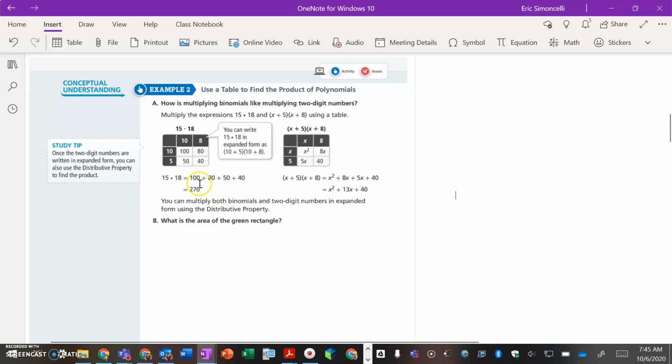I urge you to try that, but it should end up being the exact same result. And again, the reason is we're just replacing 15 here with 10 plus 5 there, but also 10 plus 5 here. And the same goes with x plus 8 and 10 plus 8. So the answer should still be 270.